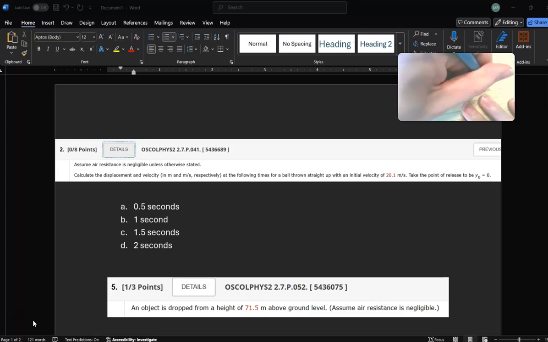So we have 15.2 times 1. My change in position is 15.2, and my initial position is 0, so my final position is going to be 15.2 meters.